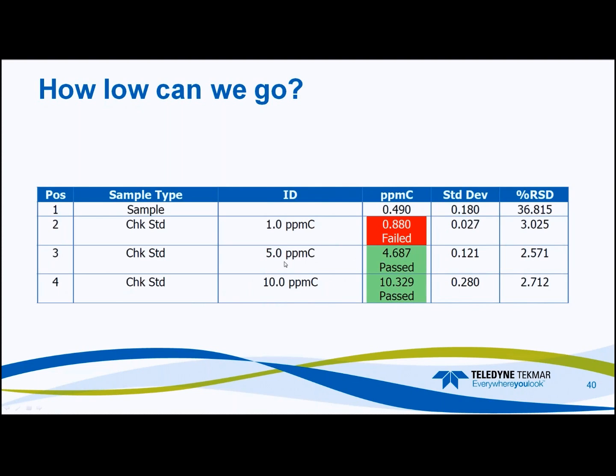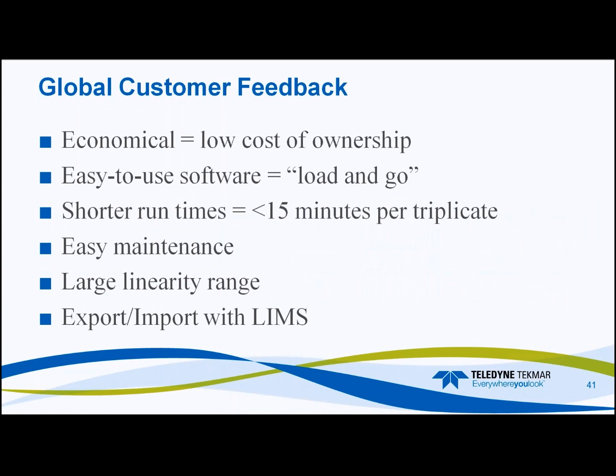But you can see we're readily and easily able to see 5 and 10 ppm and pass those check standards. The other day, after 580, I ran another 5 ppm check standard, and my RSD was 0.07%, and passed at 5.06.